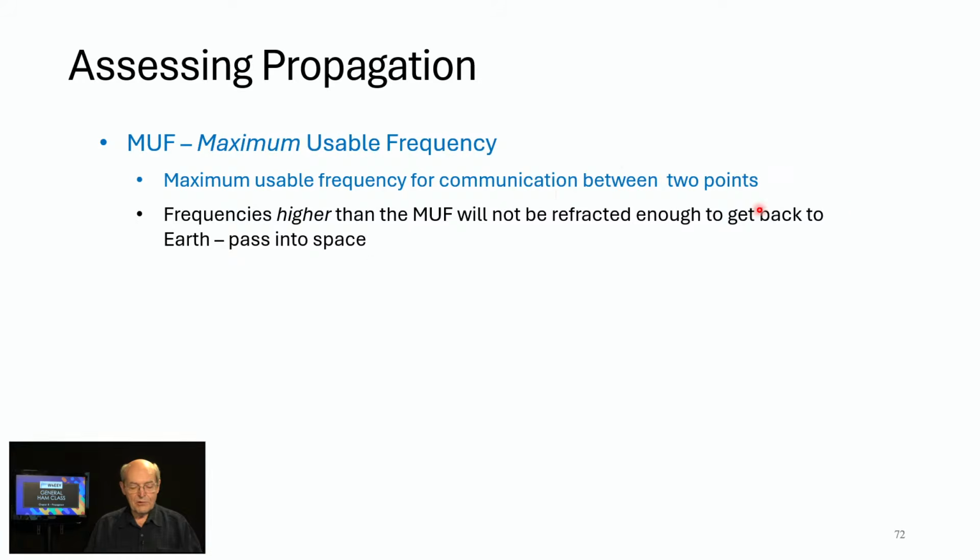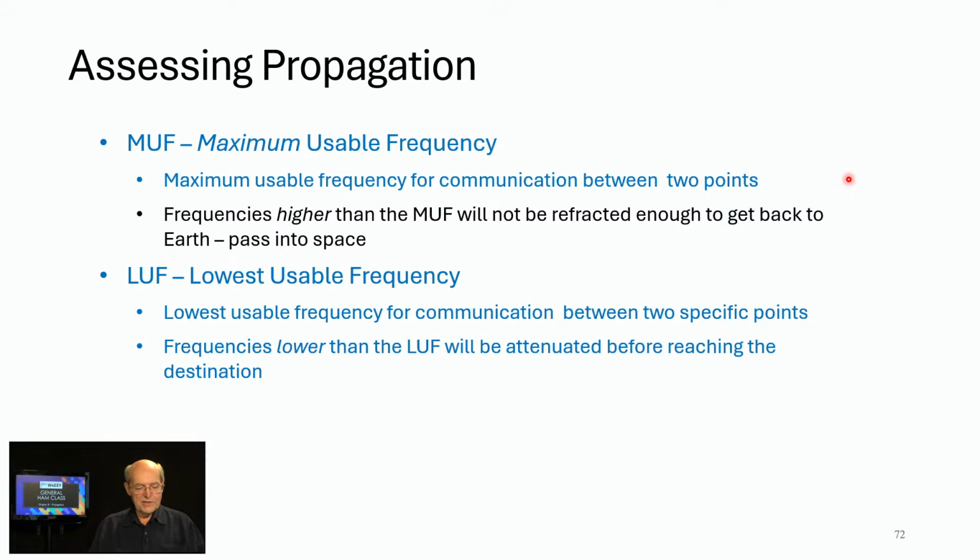And this is kind of important because if I'm going from South Carolina to California, there will be a maximum usable frequency between those 2 points. And if I'm higher than that, it won't be refracted from the ionosphere. It could be a different frequency between South Carolina and London, for example. So that's why this between 2 points appears.